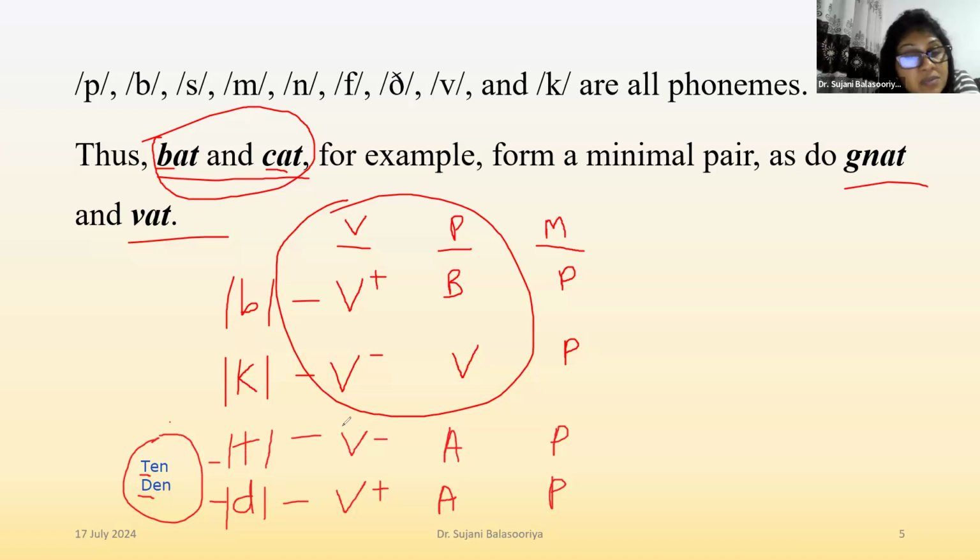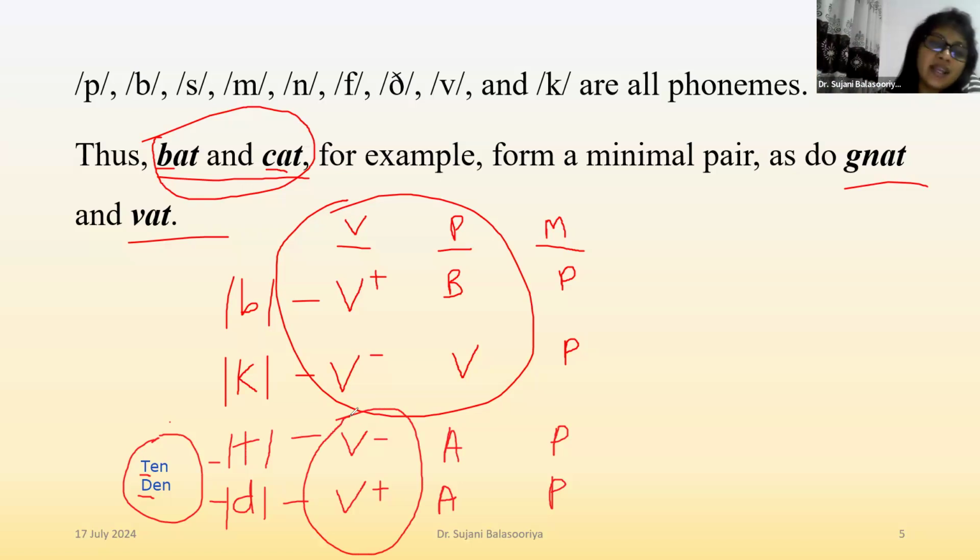The difference between t and d can be found in only one factor. Can you remember? That means what is the factor? Voicing. Other than voicing, both place of articulation and manner of articulation are the same. Only the voicing is different.